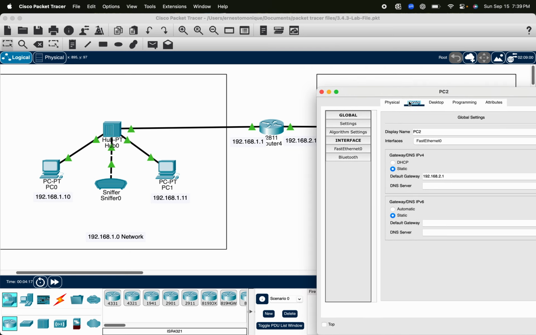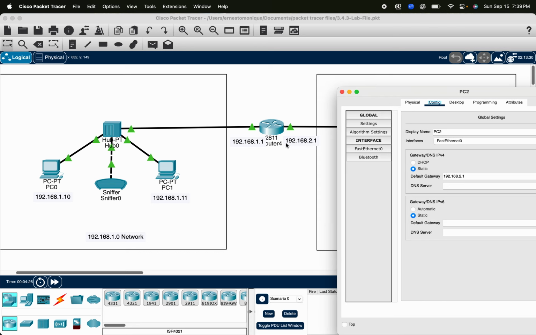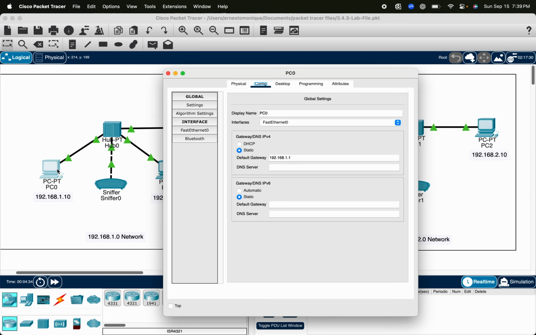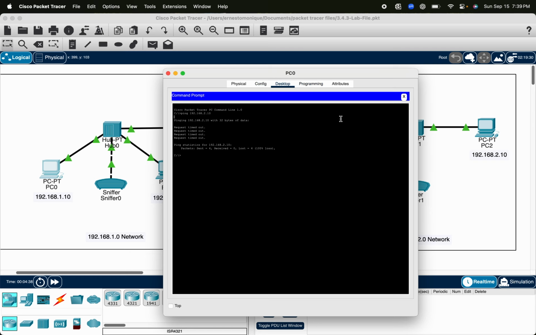So for this network, the network number one, the IP address is gonna be a little bit different. We're gonna have 192.168.2.1. Okay, now we should be able to connect to the other network. Let's ping our computer.